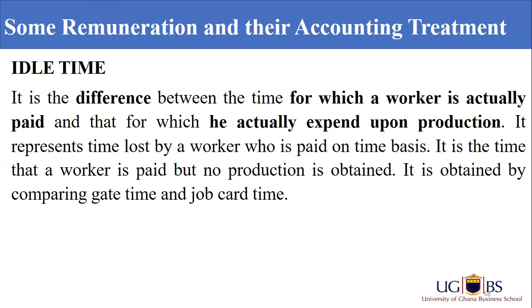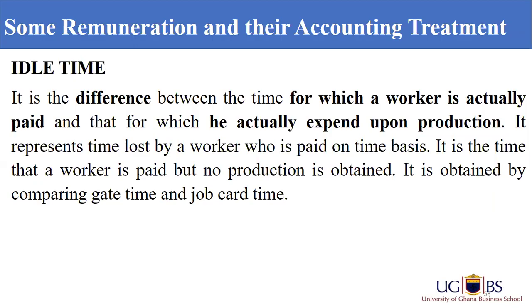So idle time. Idle time is basically the difference between the time for which a worker is actually paid and that for which he actually spends on production. So the time that you are being paid and the time that you didn't really do anything. It represents time lost by a worker who is paid on a time basis.